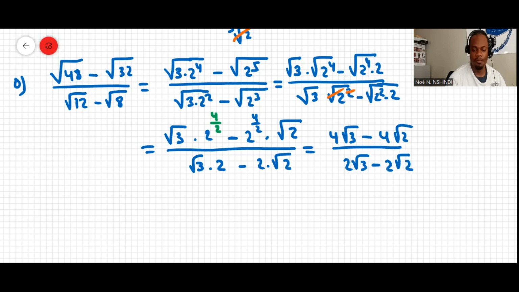So at the numerator, I will take 4 as the common factor, and then that will be root 3 minus root 2, all over. At the denominator, I'll take 2 as the common factor. That will be root 3 minus root 2. And then over here, we can simplify that, and the answer is just 2. Okay?